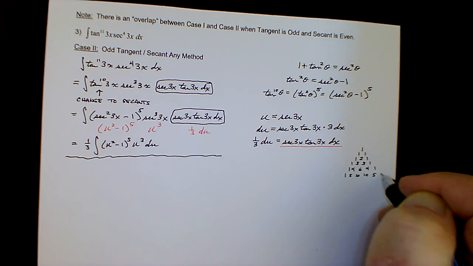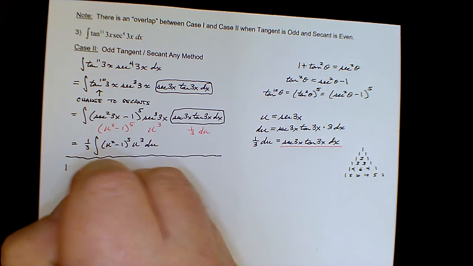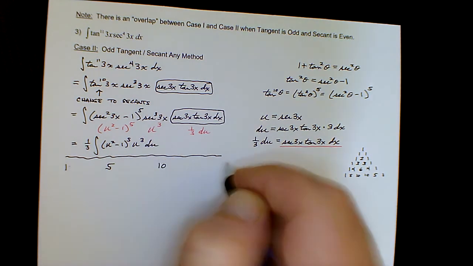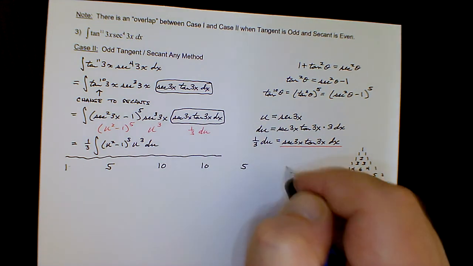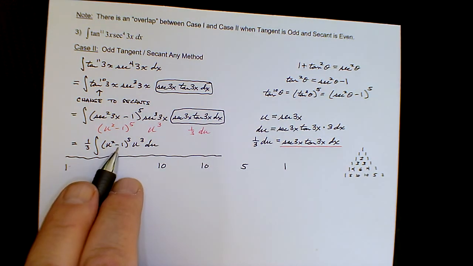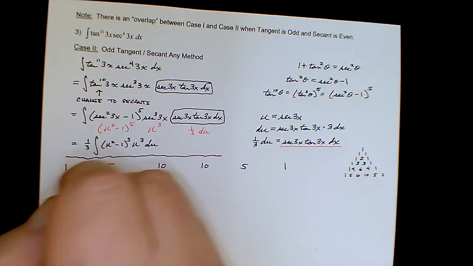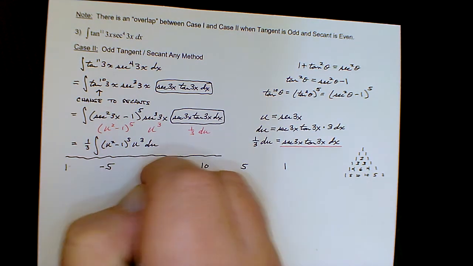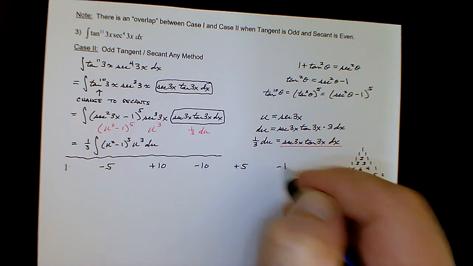Okay, so spreading out the coefficients, 1, 5, 10, 10, 5, and 1. The signs are going to alternate because there's a difference between the two terms in the binomial, always turning positive, negative, positive, negative, positive, negative. But be careful here.